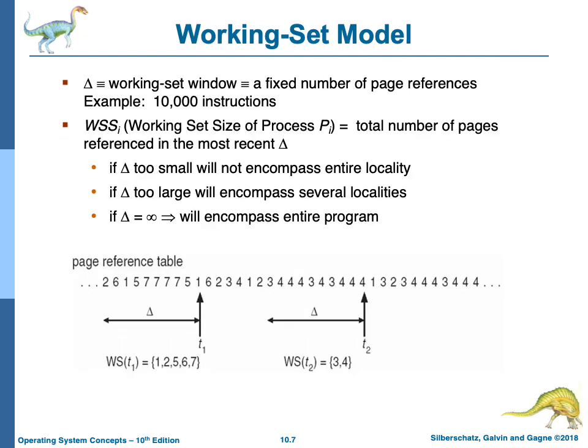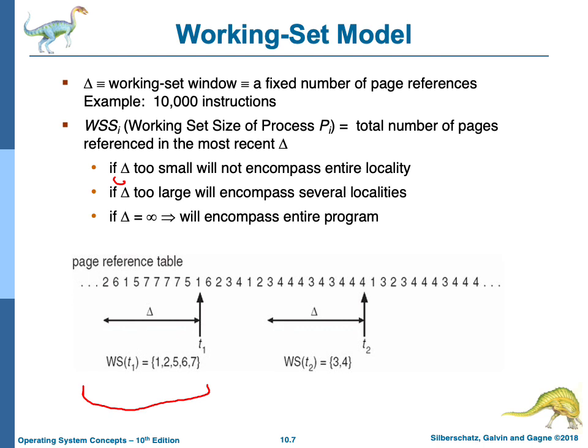And so we defined the working set window as that fixed number of page references that the process is currently actively interacting with, referencing and using. Okay, and so if the size of that window is too small, it's not going to cover the entire locality of that model at that given time.